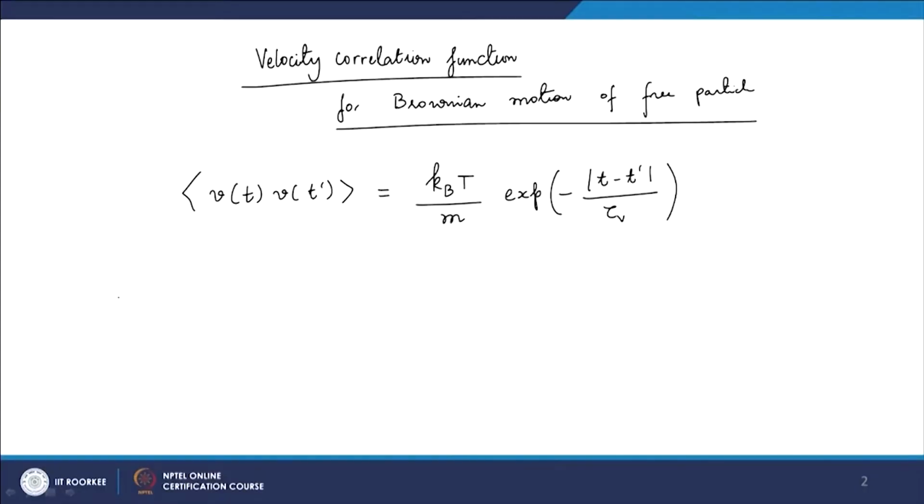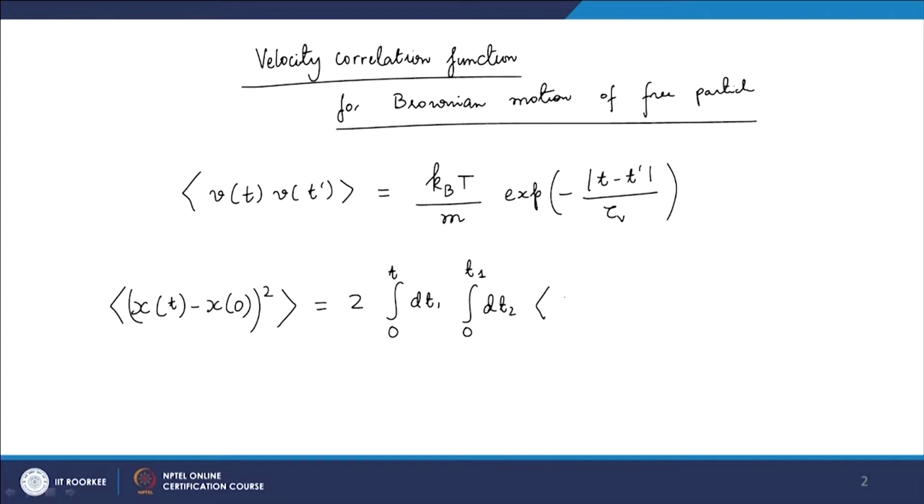We have earlier derived in the lecture that the mean square displacement has to be twice of this integral, for T2 higher than 0.